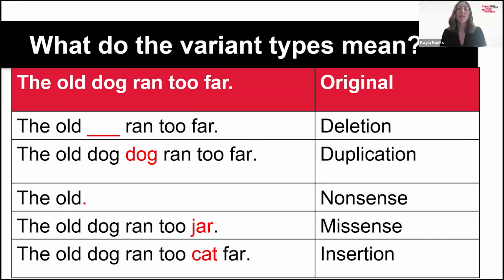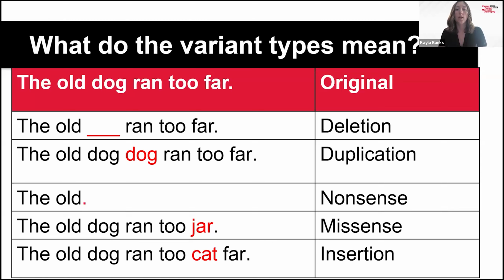Here we can see some examples of what different types of variants might do within the gene. Let's say the sentence, "The old dog ran too far," is part of the DMD gene. You can see that a deletion would take out part of the gene, a duplication would duplicate part, a nonsense would end the sentence early, a missense would alter one of the words, and an insertion would add something new.